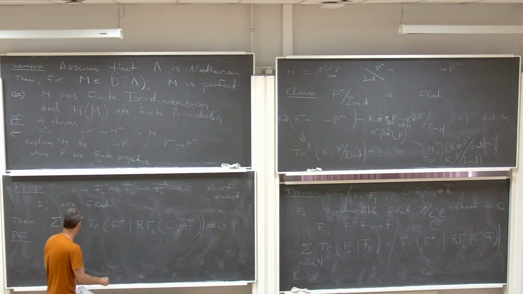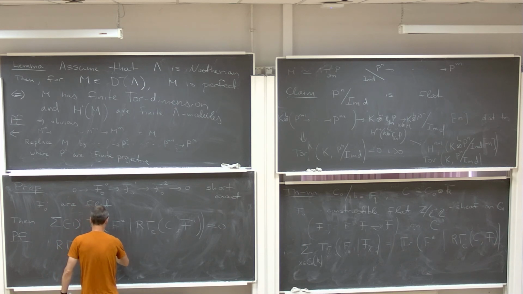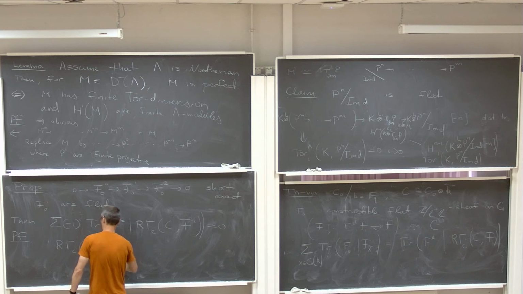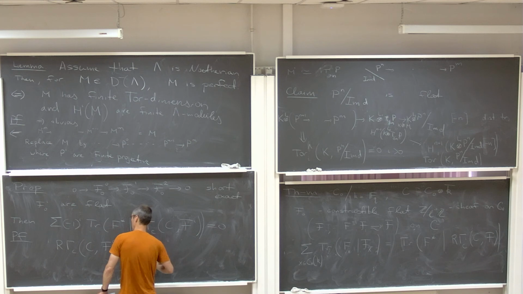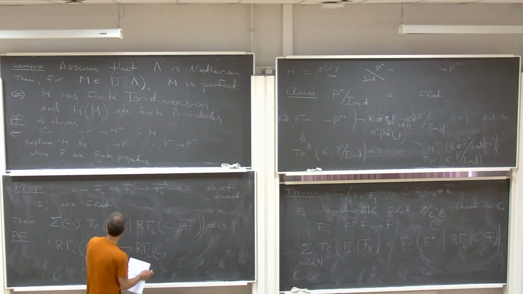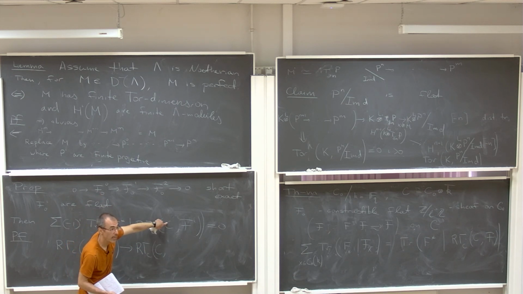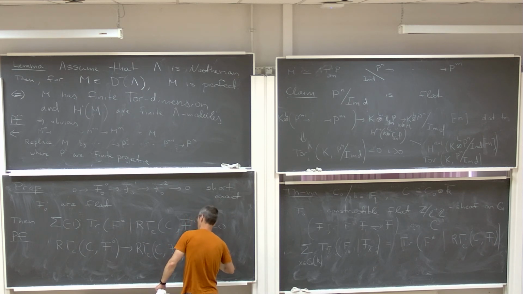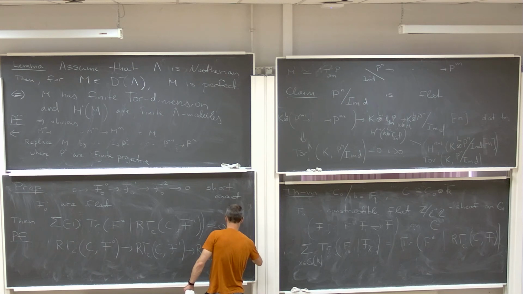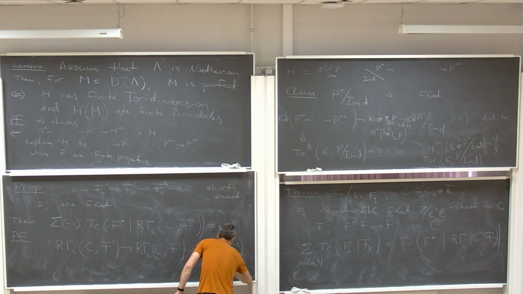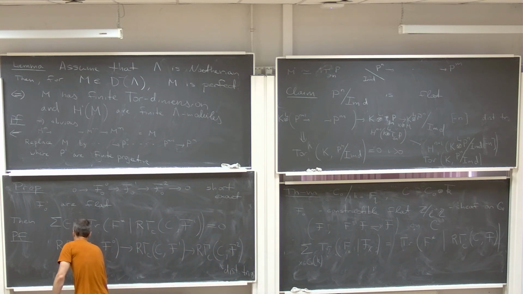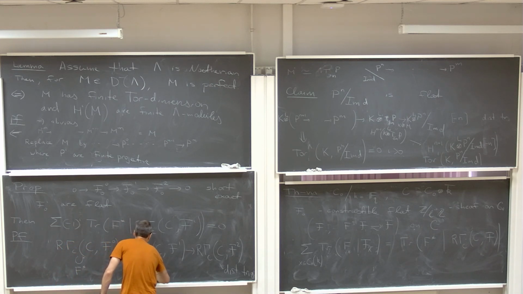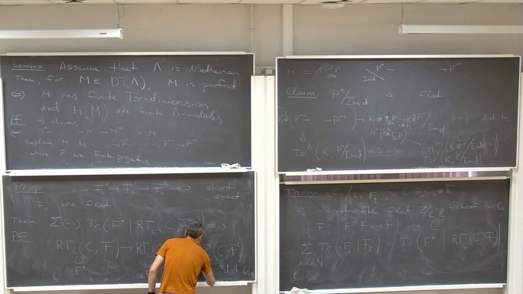This is a triangulated functor, so that means that it gives rise to a distinguished triangle, R gamma of C, of the pullbacks to C. And now this has Frobenius, this has Frobenius, and this has Frobenius, and everything commutes.